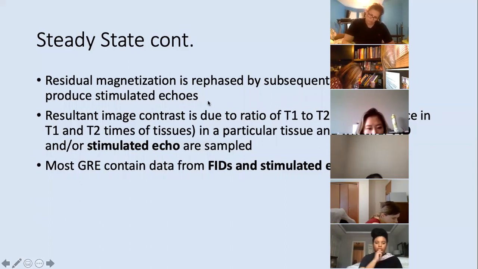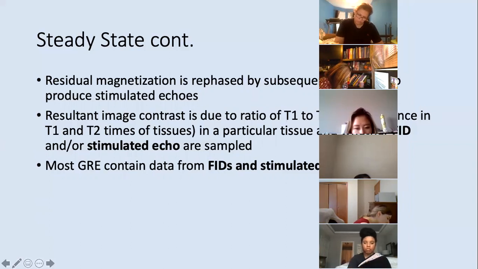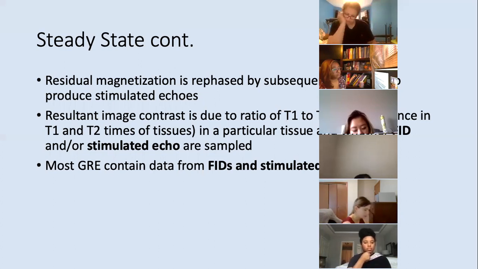In the past with a spin echo pulse sequence, we had enough time for those tissues to fully decay and fully recover, so we were based on the true T1 and T2 times of those tissues. That's different for gradient echo.